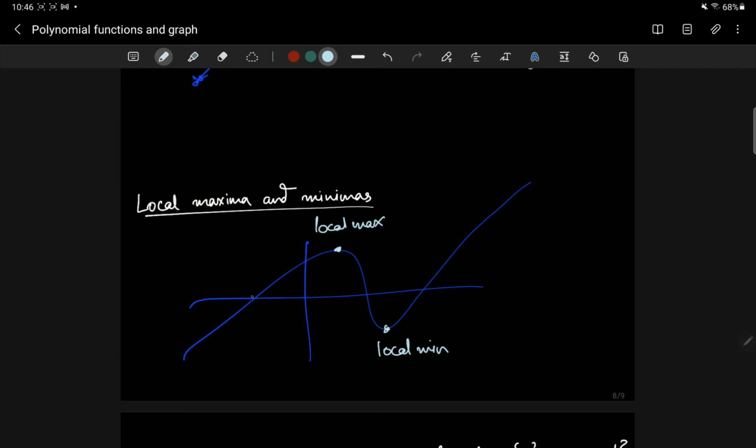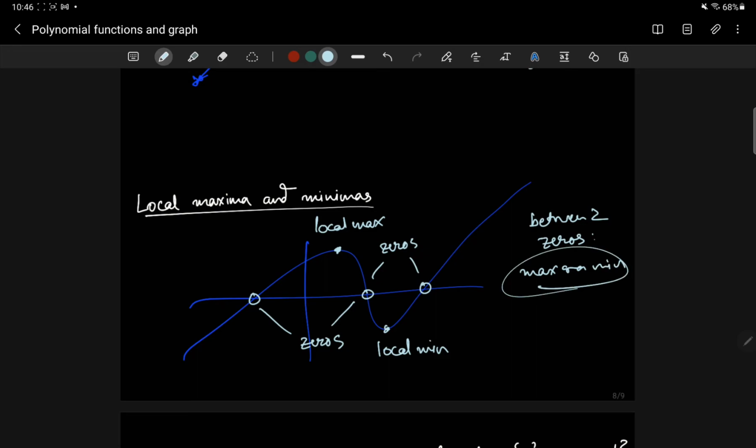Now you'll notice here that these are zeros, right? Between two zeros, there's always going to be one of these. So between two zeros, there is a max or a min.